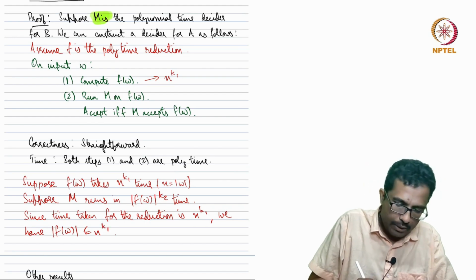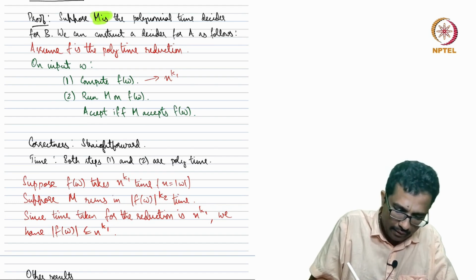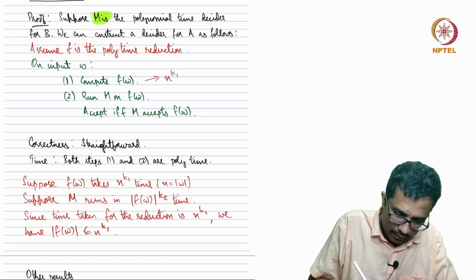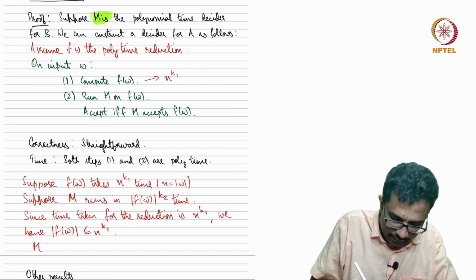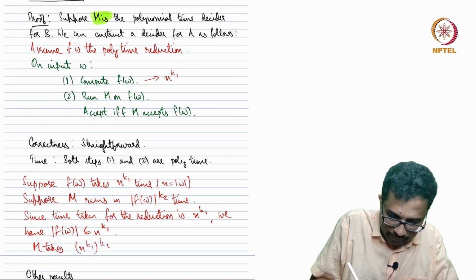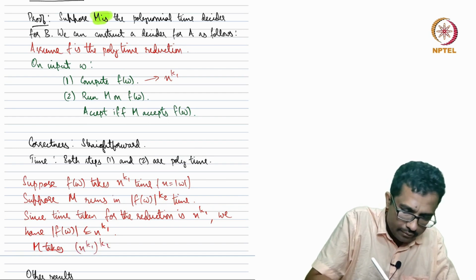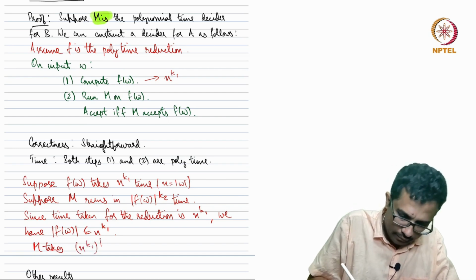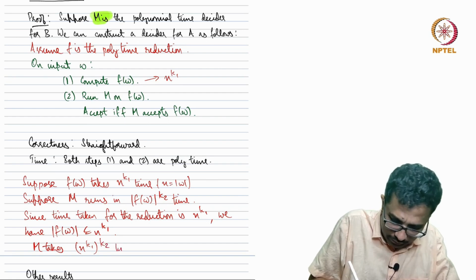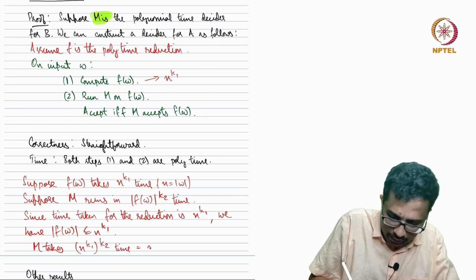Which means M takes n power k1 whole power k2 time, which is n power k1 k2.